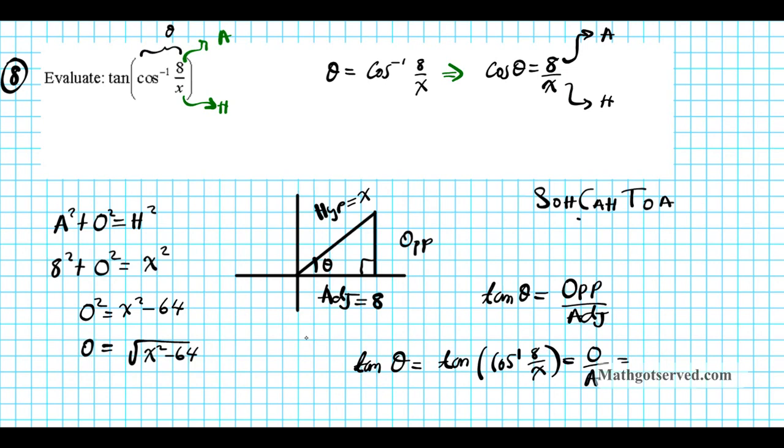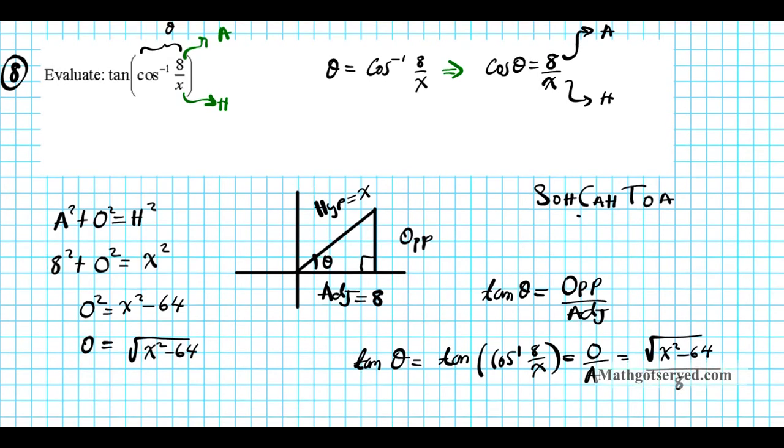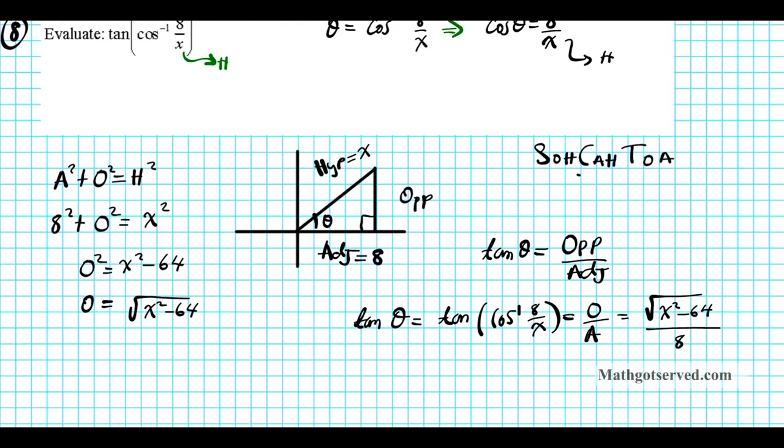Our opposite is the square root of x squared minus 64, and our adjacent is 8. So that's our final answer: the square root of x squared minus 64, divided by 8. Okay, so that's that.